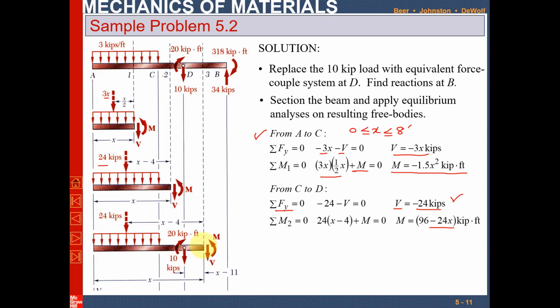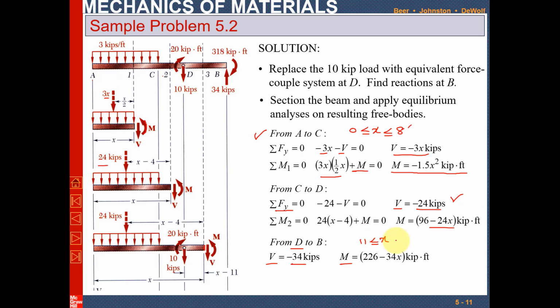Now if you take the third section and apply the equilibrium conditions, you will get the shear force as minus 34 kips, and you will get an equation for bending moment, that is 226 minus 34x. Now this is for x from D to B. From A to D, this distance is 8 and this is 3, so 11.